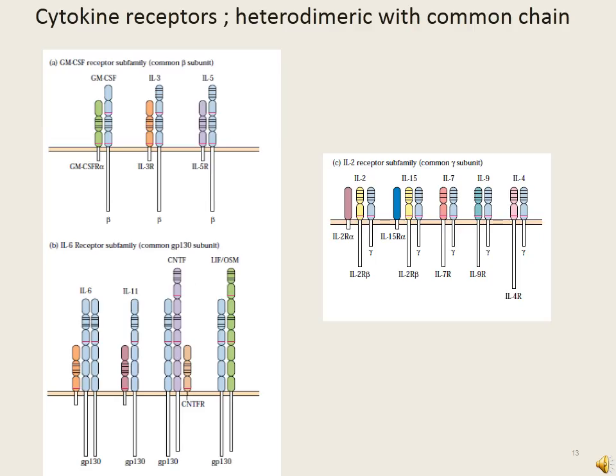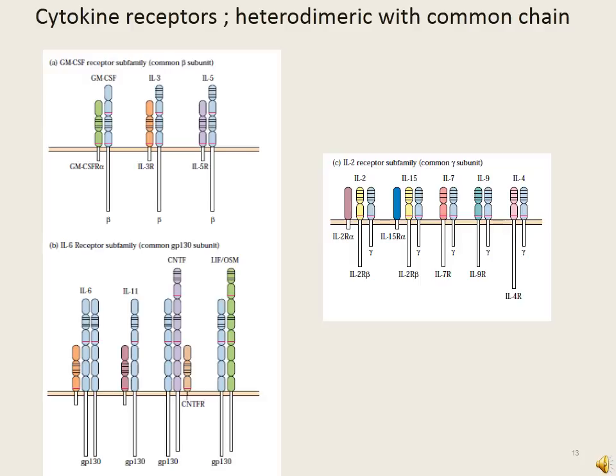This slide shows you more about the heterodimeric structure of the cytokine receptor that we learned from the previous slide. This shows the common chain in the cytokine receptor. Look at the left hand side, the first one. They call it the GM-CSF receptor family with the common beta subunit.